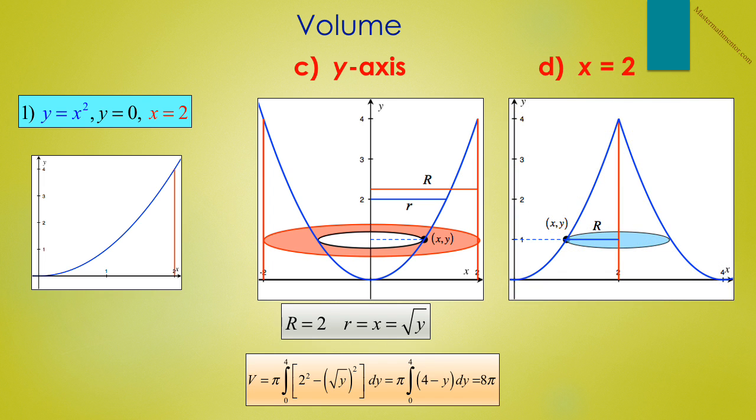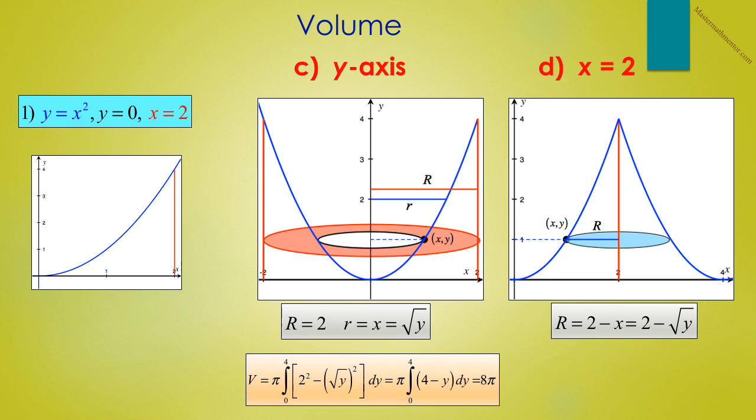In part D, we will rotate our region about the line x is equal to 2. And again, we draw the graph. We draw a mirror image across that line and see that we're back to a disk problem. A representative disk is drawn, blue to blue. We only need a capital R for this problem. Capital R is shown on the graph, the distance from the red to the blue.